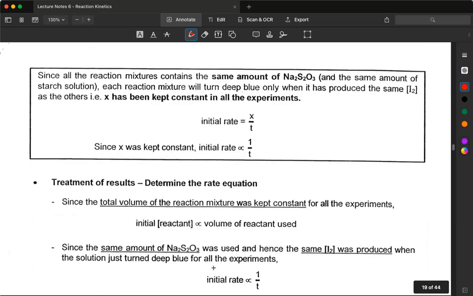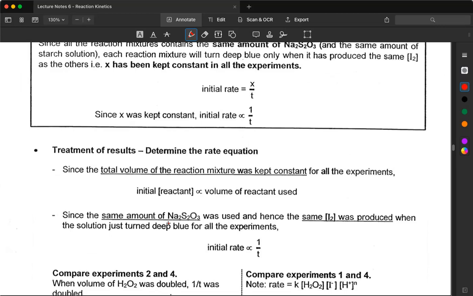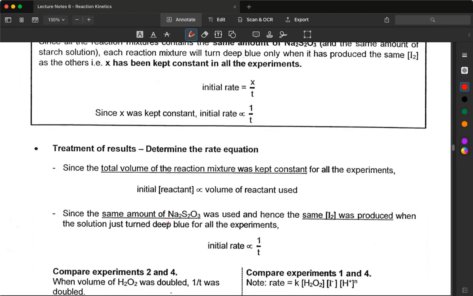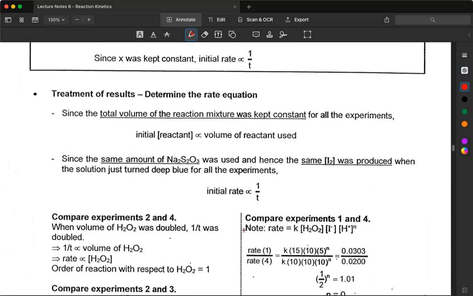Now, how do you determine the rate equation? Since the total volume was kept constant, and since the same amount of sodium thiosulfate was used, and the same concentration of iodine was produced when the solution turned deep blue, initial rate is directly proportional to 1/T.